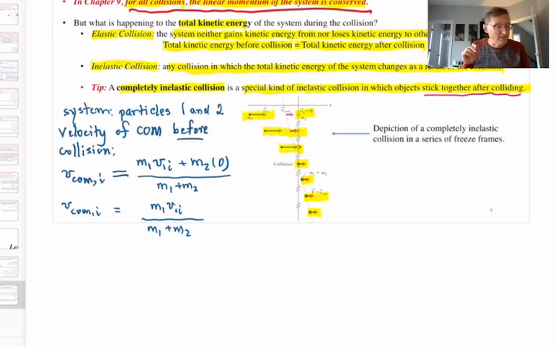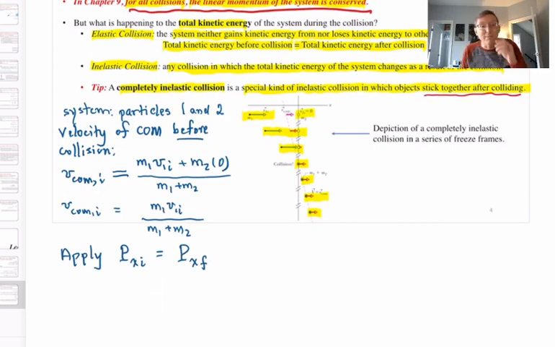Then the collision happens. Now remember what's going to be the correct physics principle to analyze the collision. Conservation of linear momentum. So now I'm going to apply conservation of linear momentum. The total x momentum before the collision, px initial, must equal the total x momentum after the collision, px final.